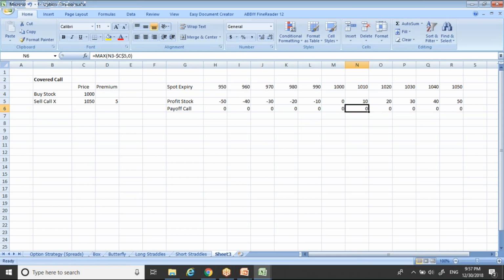So the payoff will be 0 in all the cases. But premium received is how much? Almost 10. So profit from call would be around how much? So the payoff plus the premium you have received.